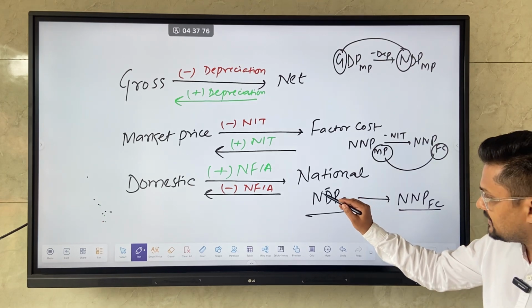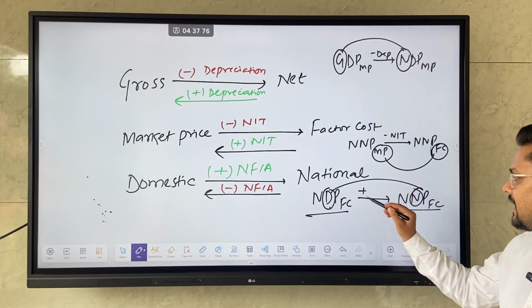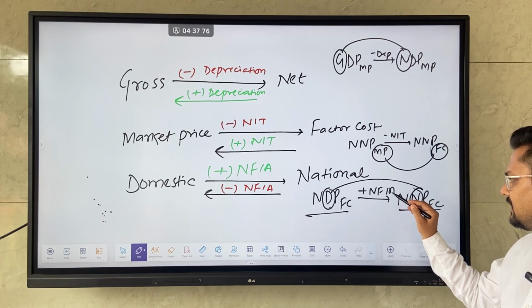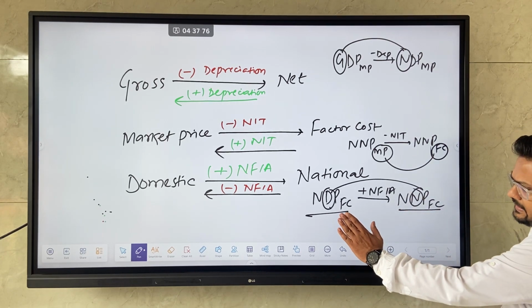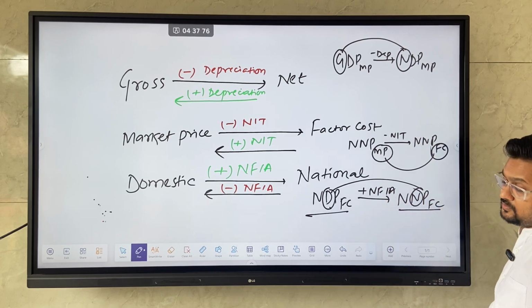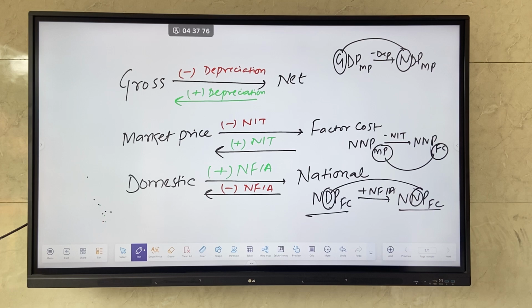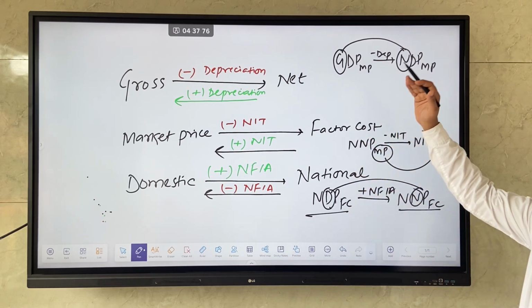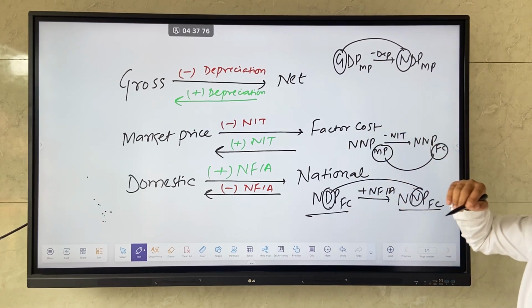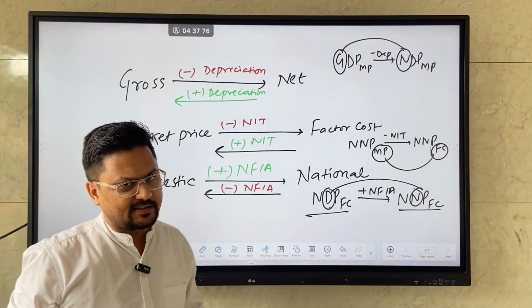So from domestic to national, we are going to add NFIA. Keep in mind that from domestic to national, we are going to add NFIA. So these are the basic connectors. These are the aggregates, and how they are connected with each other, I hope it is clear.